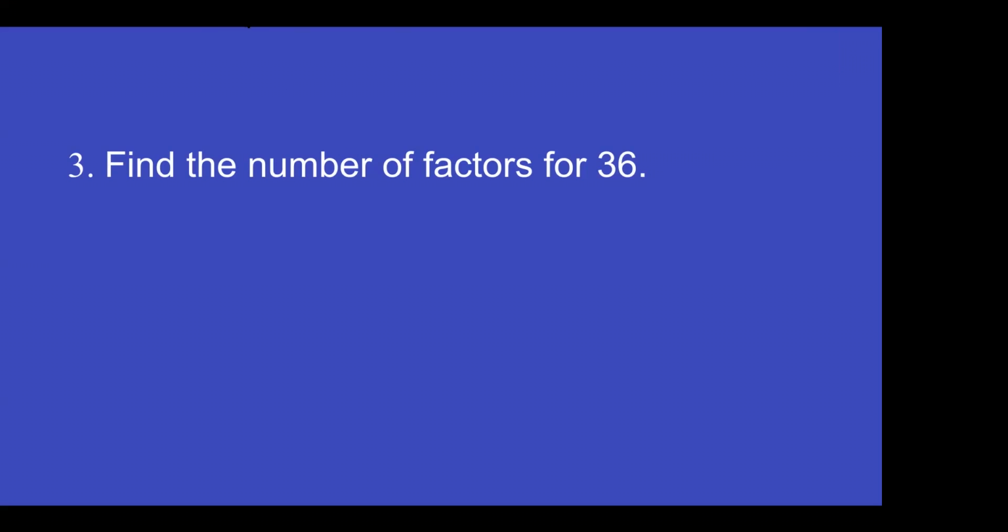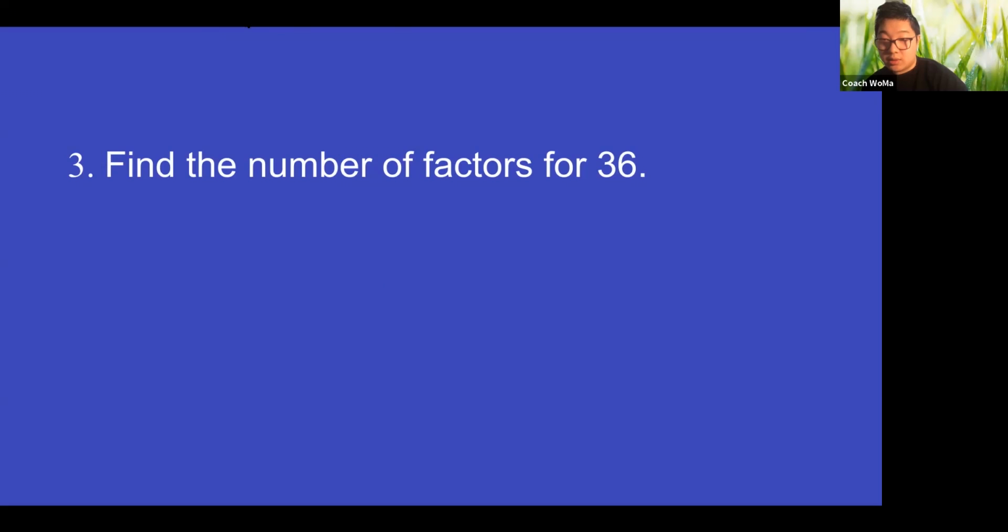All right. So the number of factors should be 9. And that's because it's 2 squared times 3 squared. So you add 1 to the 2, you add 1 to the other 2, and you multiply that. So that's 9.